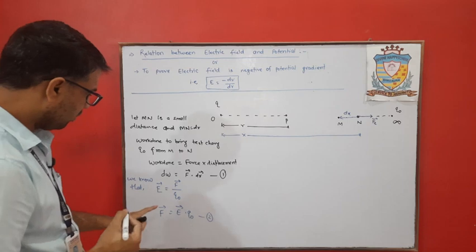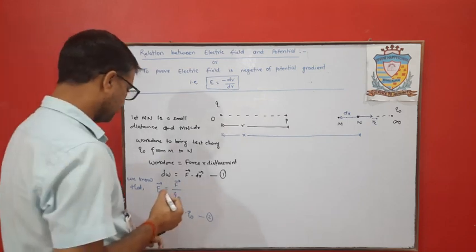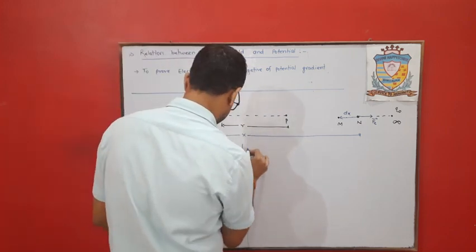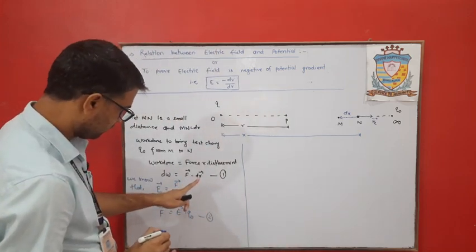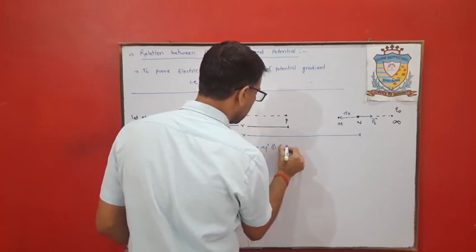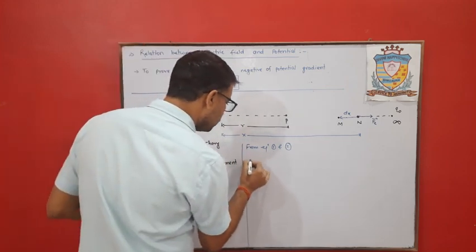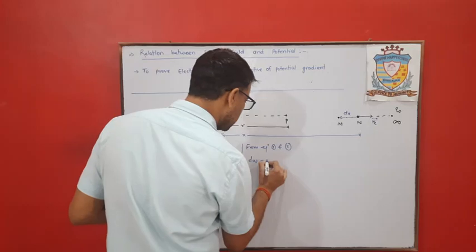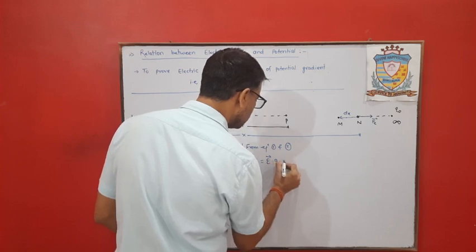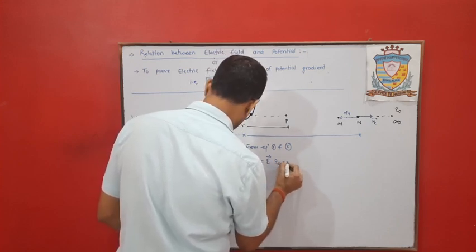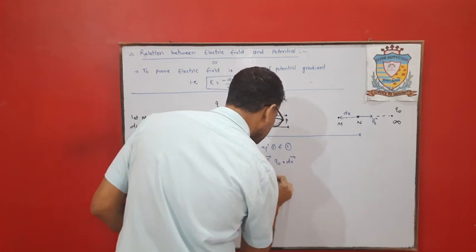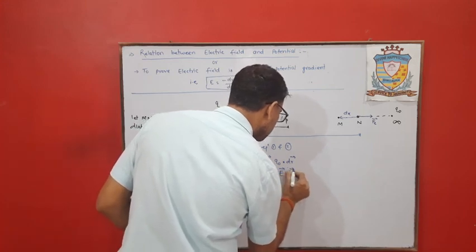Now put this value in this equation. From equation 1 and 2, dW is equal to F, and in place of F we have E Q naught dot dr, that is small displacement, or Q naught E dot dr.